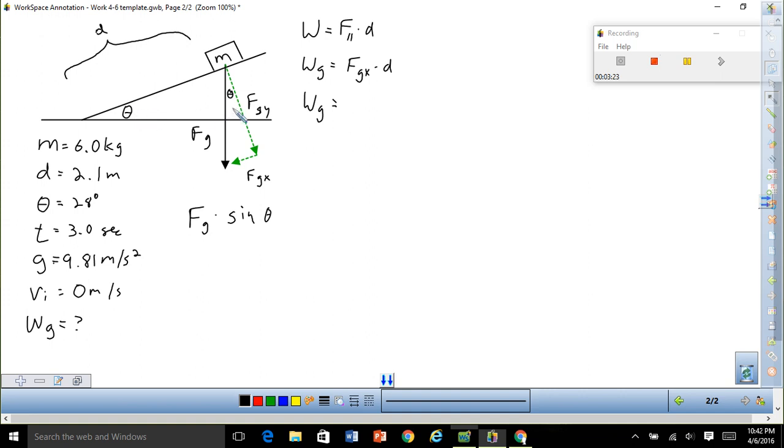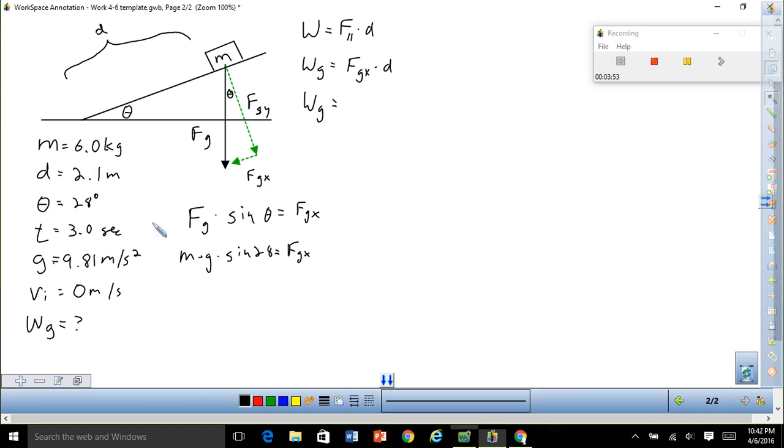And so then we would use our sine function in order to find the value for the opposite side. Alright, so FG times sine theta will give us FGX. FG is equal to the mass times the acceleration due to gravity, and then we multiply that by sine theta to get FGX.